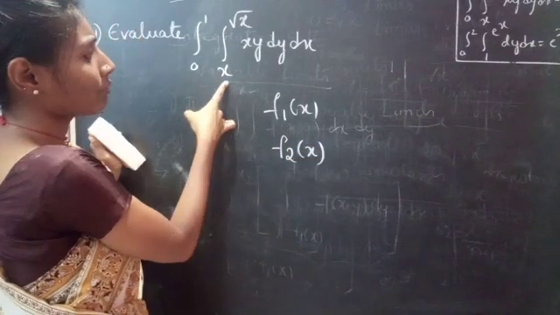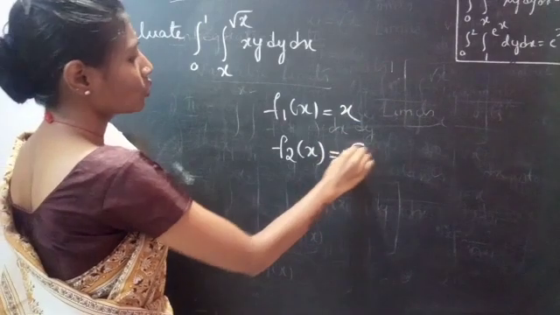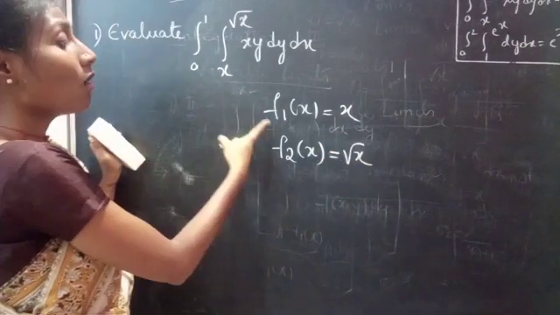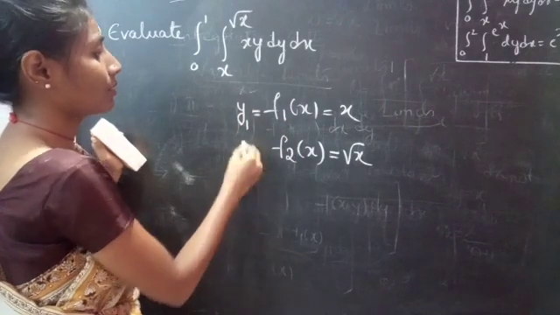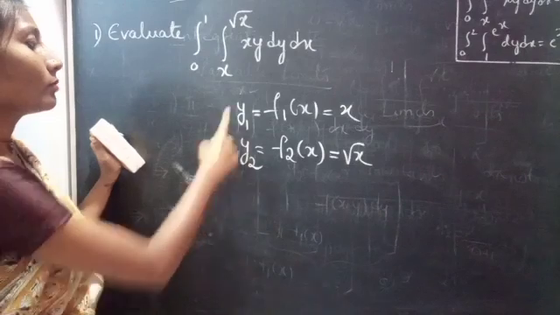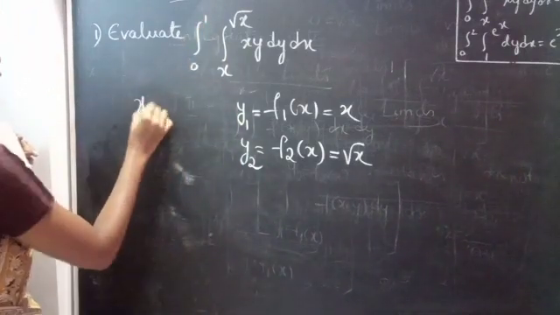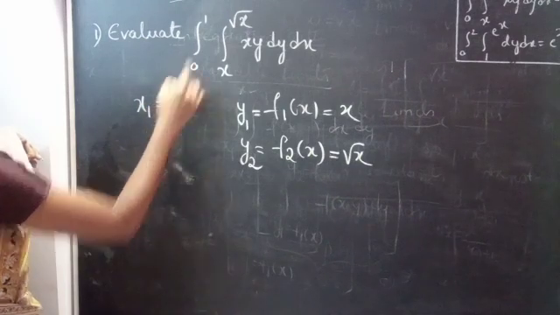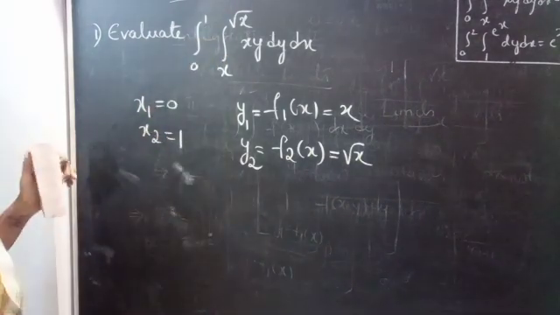This one will be your f1 of x and f2 of x, which is equals to x and root x. The function is xy, with y1, y2 as limits. These are constants. So x1 equals to 0, x2 equals to 1.